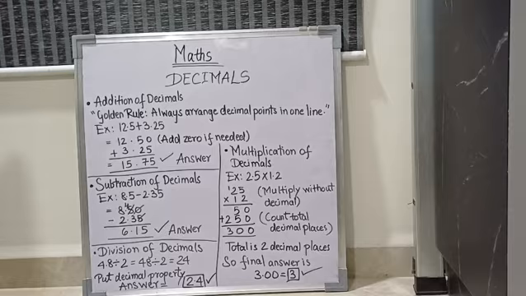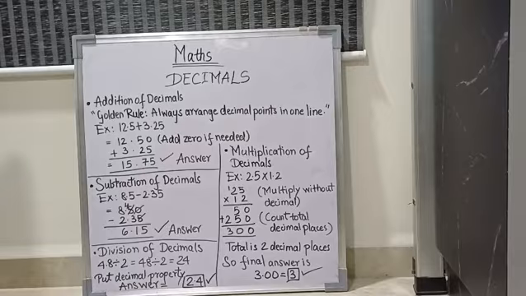Then let's go with multiplication of decimals. It's a little complicated, but let's understand this. Example is 2.5 into 1.2. Why worry about decimals in multiplication? Because with decimals, multiplication is tough. So remove all the decimals and multiply normally. So 25 into 12, I did normal multiplication, which comes out to 300.